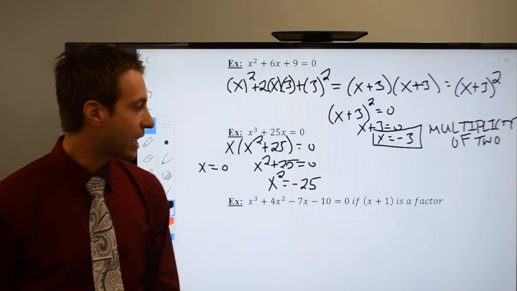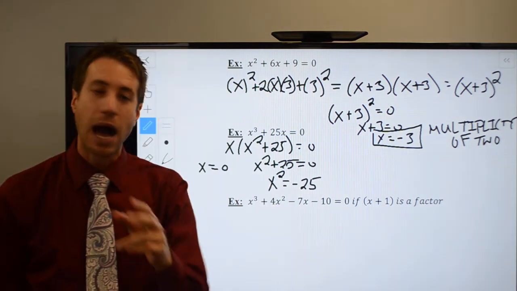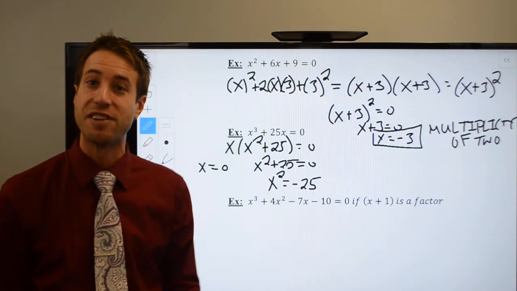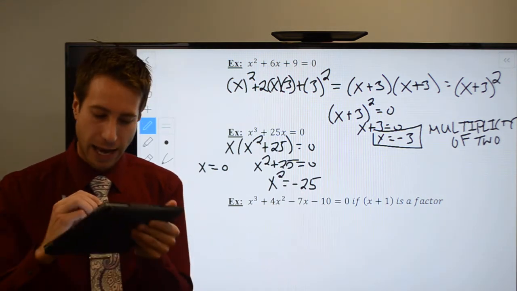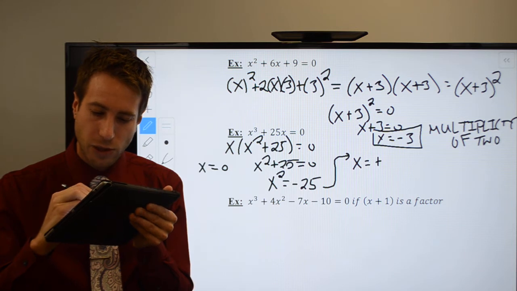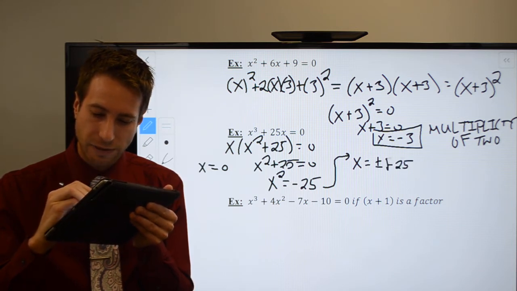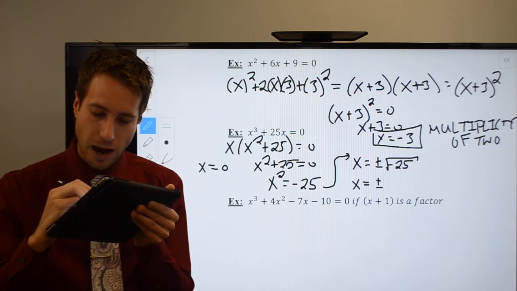And right away, I can recognize that in order to get this x by itself, I'll have to take the square root of both sides. I'm going to be taking the square root of a negative number, which means I'm going to get imaginary solutions, which is perfectly okay. It's going to happen. So I take the square root of both sides, and I wind up with x is equal to plus or minus the square root of minus 25, which we know is going to come out to be plus or minus 5i, right?